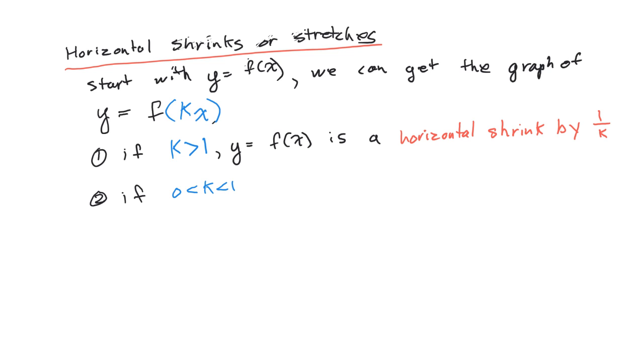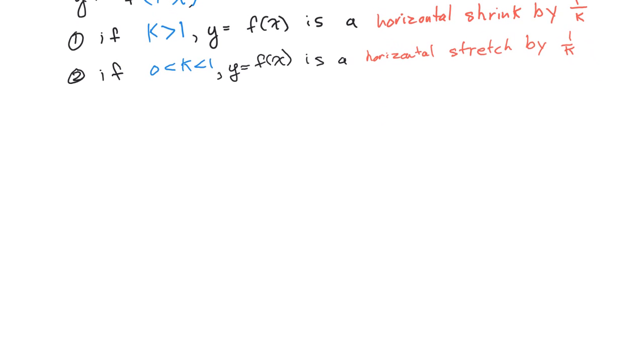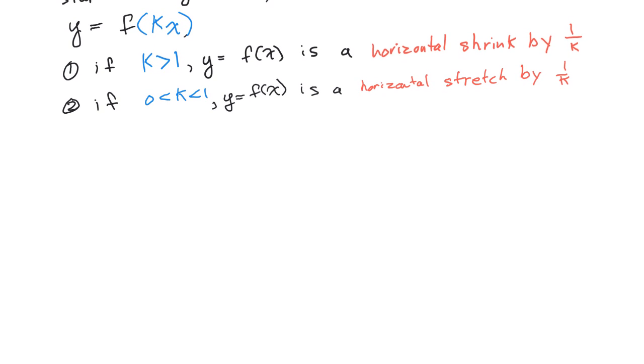If k is less than 1 but greater than 0, y is going to be a horizontal stretch by a factor of 1 over k. So remember, if I have y is equal to f of kx, we have this.